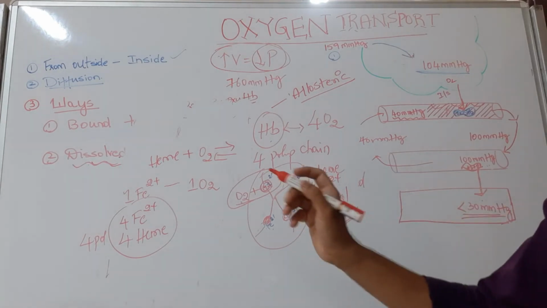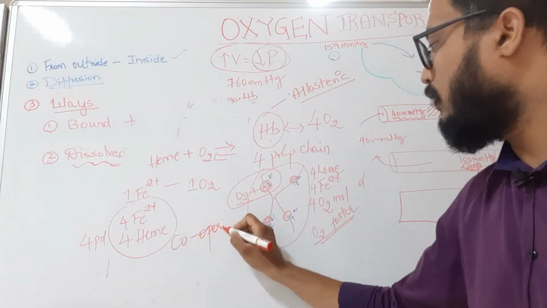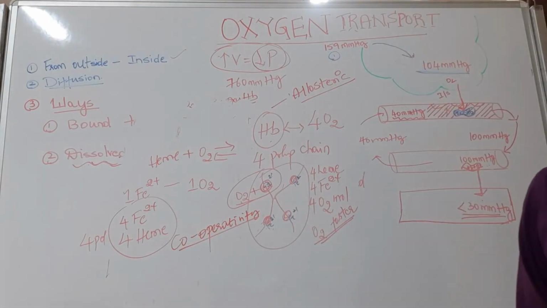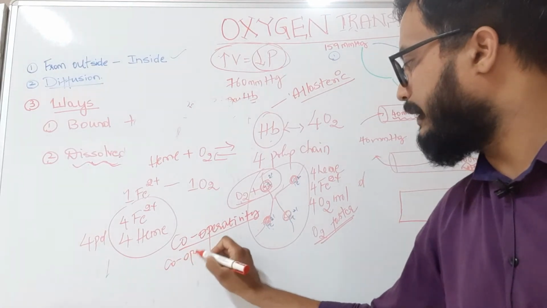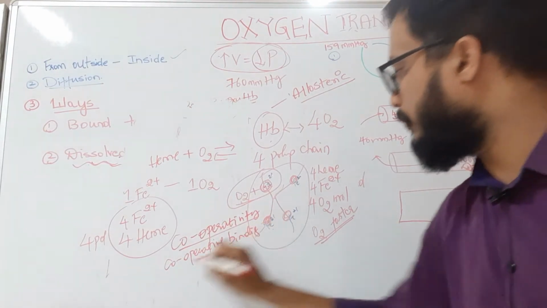This is called cooperative binding. The property is called cooperativity, and the binding here is called cooperative binding. So, what do we mean by cooperative binding?